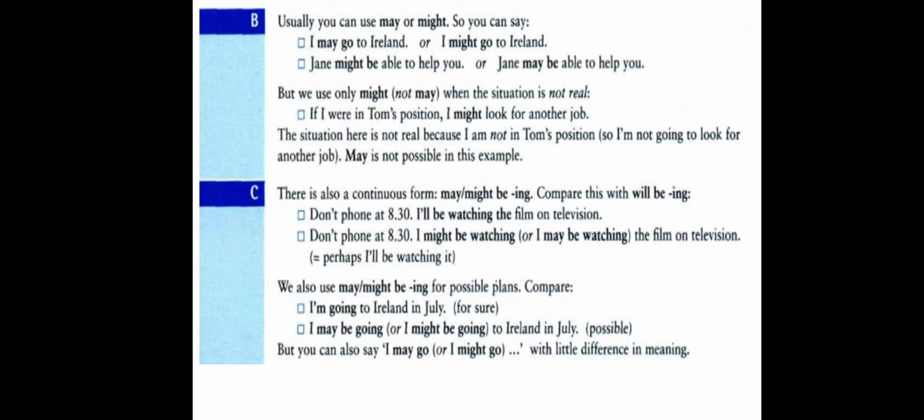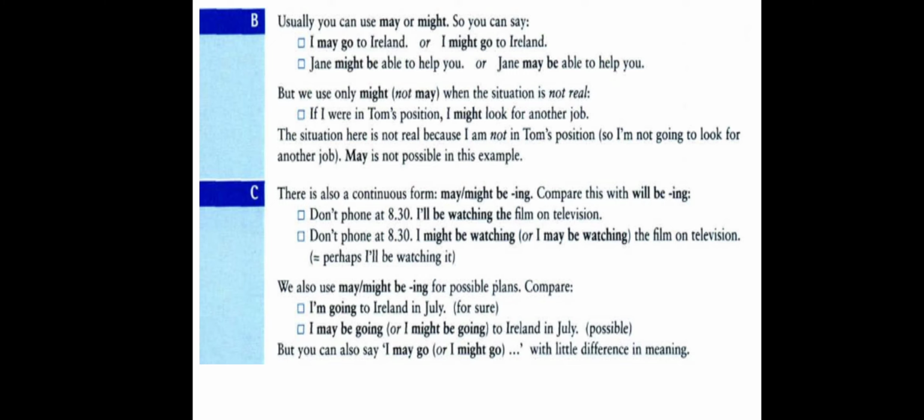I am not sure. There is a probability to be in a continuous state of watching the film. So we have here an expression of continuous possibility, and we use might or may plus be plus verb plus ing in the future.